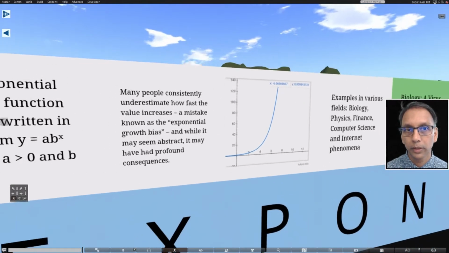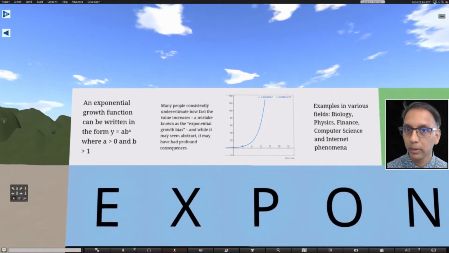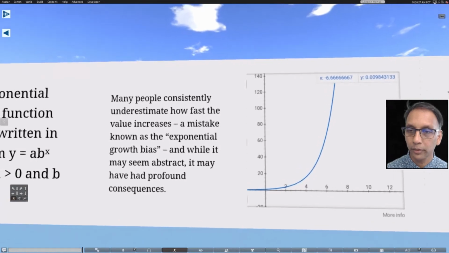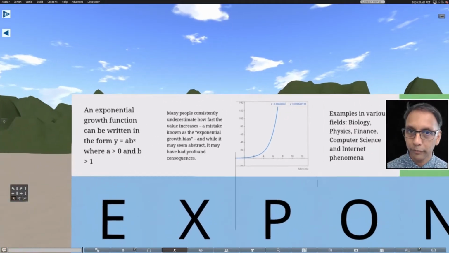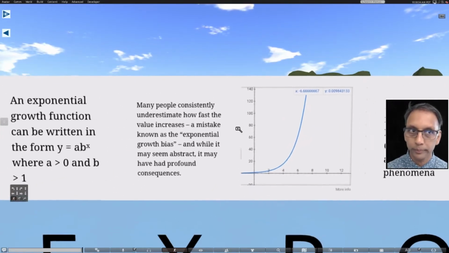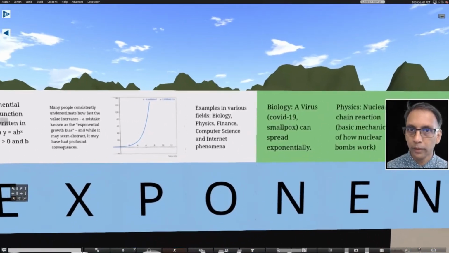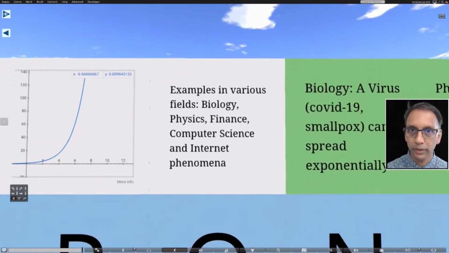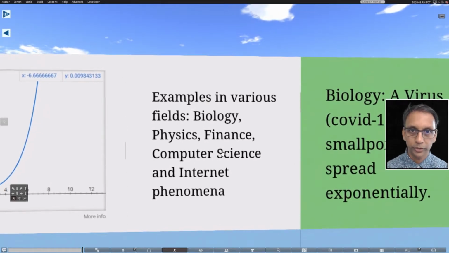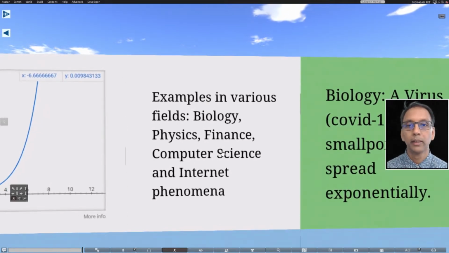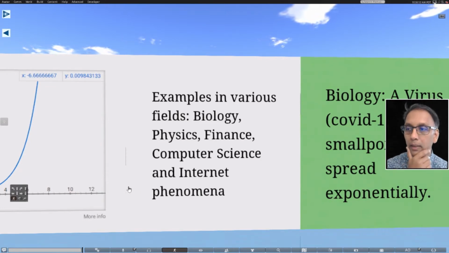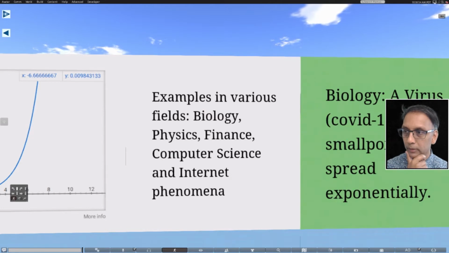Okay, so that would be an example showing how the exponential growth bias can have an impact on the behavior of people. You have many examples of exponential growth functions in various fields, from biology, physics, finance, computer science and internet phenomena.